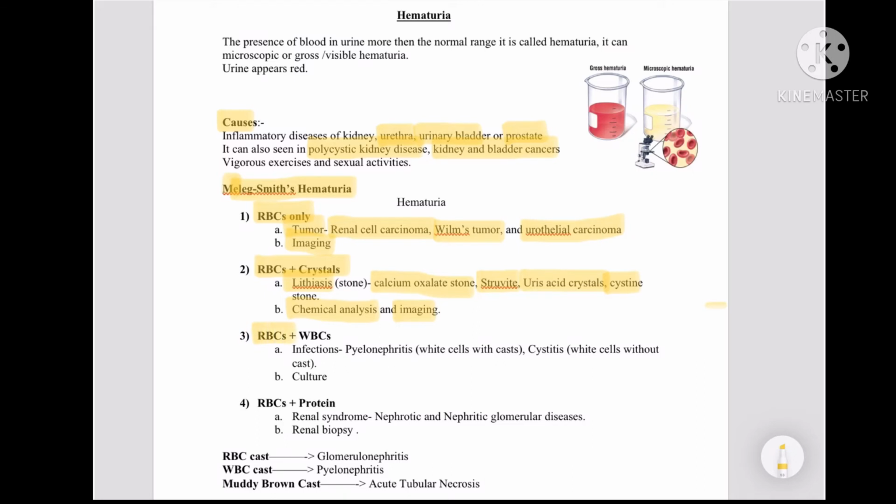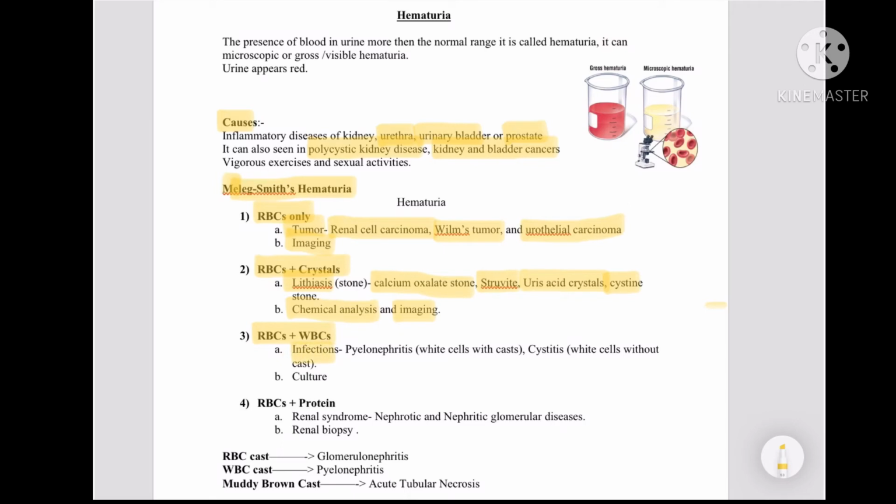The third one is the presence of RBCs along with WBCs. WBCs, if found in the urine, show some sort of infection in the urinary tract, or sometimes it is from the genital tract, usually the external genitalia, which can also sometimes show the presence of RBCs.